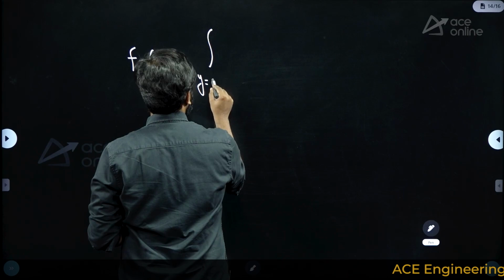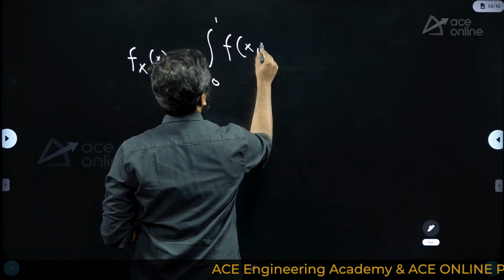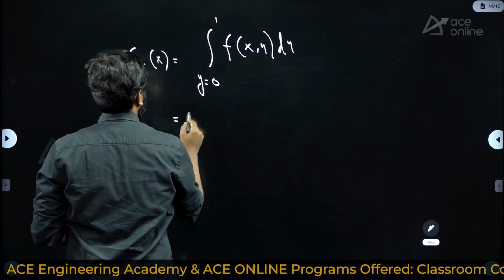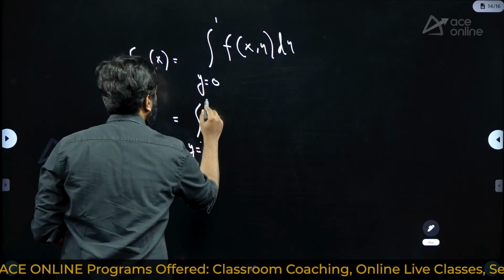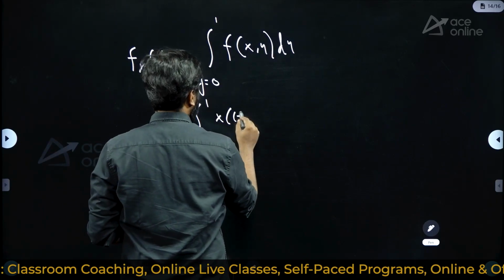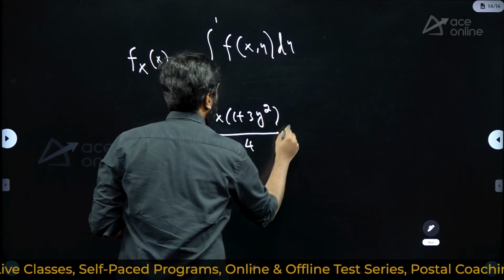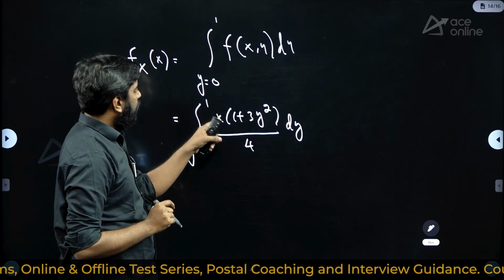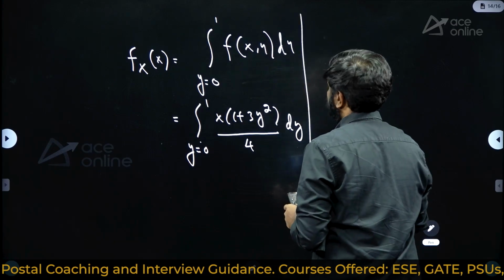So y from 0 to 1, you integrate the joint density function, f of x comma y, with respect to y. Now what is your joint density function? It is small x into (1 plus 3y square) by 4 dy. While performing this integration, you have to treat x as constant. So just integrate the y terms and then see what the final answer is.